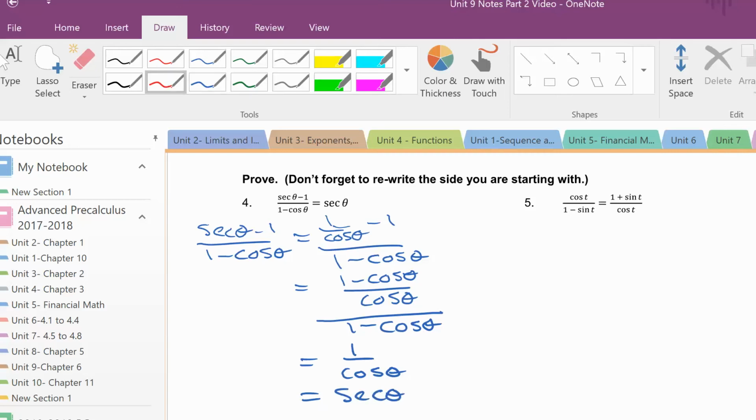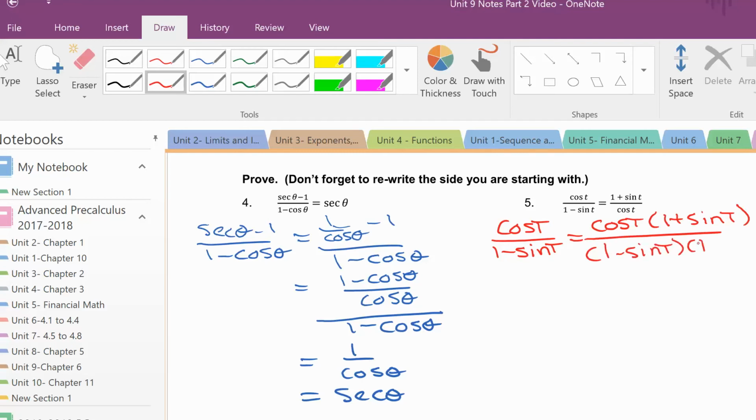All right, for number 5, because it's one fraction equals another, this is where I would look to use the conjugate. It doesn't matter left or right. I'm going to choose the left to multiply by the conjugate, which is 1 plus sine t. So it's equal to cosine t times 1 plus sine t over 1 minus sine squared t.